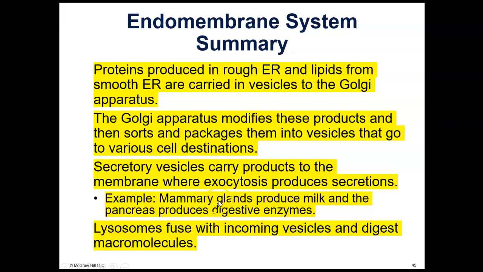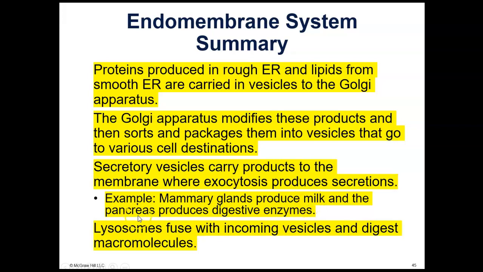So the cells that form mammary glands, the product of those cells is milk. And that product needs to leave the body because it's for the offspring. So in this case, the cells of the mammary glands are little factories that produce milk.